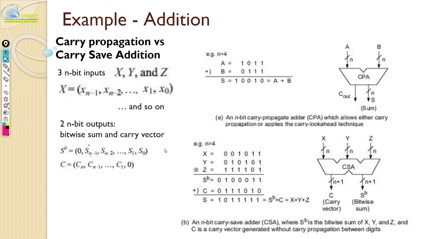We'll represent the intermediate sum by SB, which is S0 all the way to S(n-1), and there is a dummy bit here. And then you have your carry vector. So SB is the bitwise sum, and C is the carry vector. It starts with a 0 because carry in is assumed to be 0, and then C1 all the way to Cn.